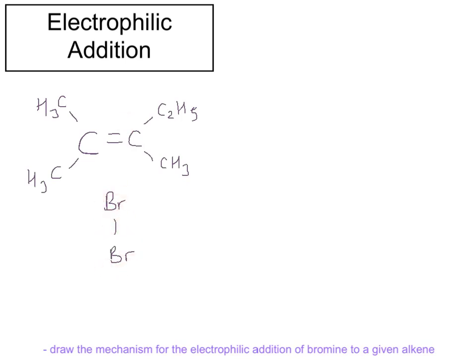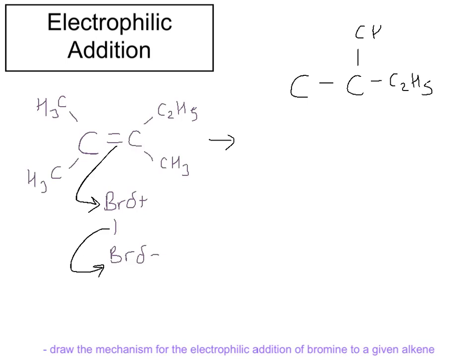The double bond will repel electrons in the bromine molecule to the bottom end of the molecule, and so instead of a permanent dipole, we have a temporary dipole that is induced in the bromine molecule. Now we've got a dipole, the double bond can now attack the bromine in the same way as it does before. Now we've got to think about where the carbocation will form.